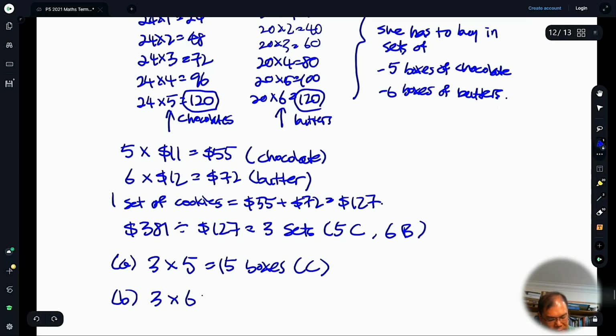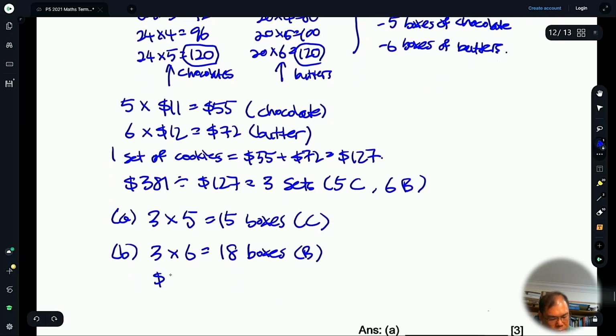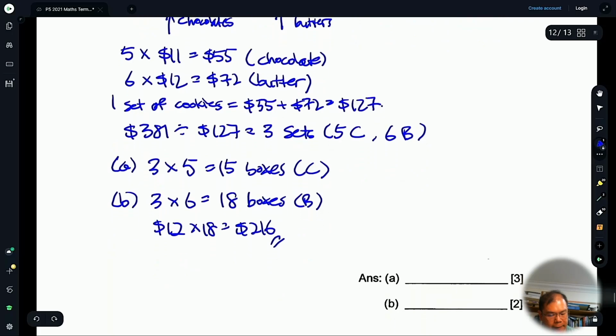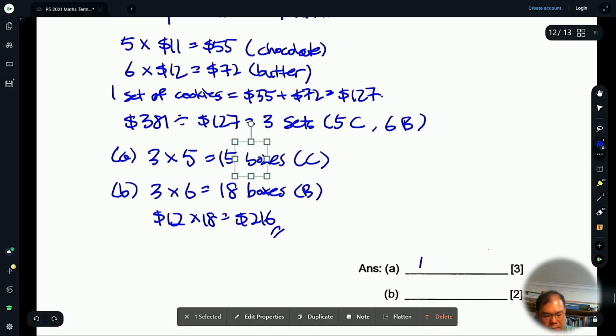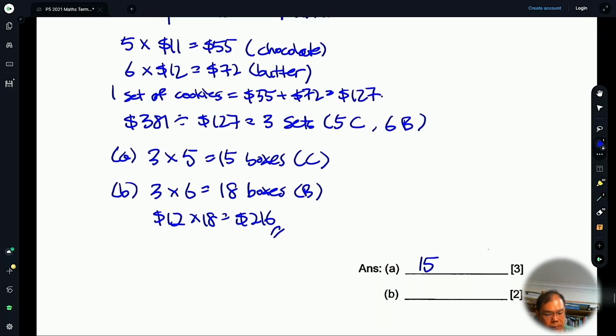Each set is 6 boxes of butter cookies, so a total of 18 boxes of butter cookies, right? And each box of butter cookies is $12. She bought a total of 18 boxes, so altogether she spent $216 on the butter cookies, right? So part A, how many boxes of chocolate cookies did she buy? She bought 15, right? How much did she spend on the butter cookies? $216. Okay.